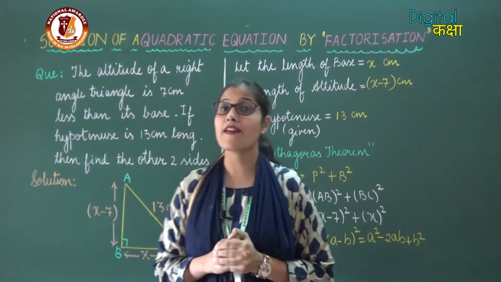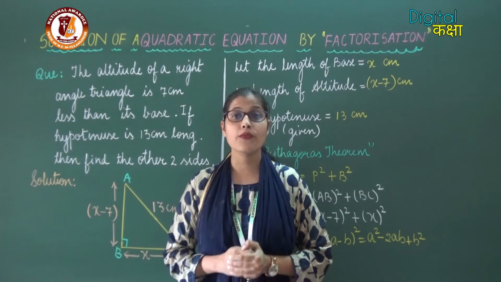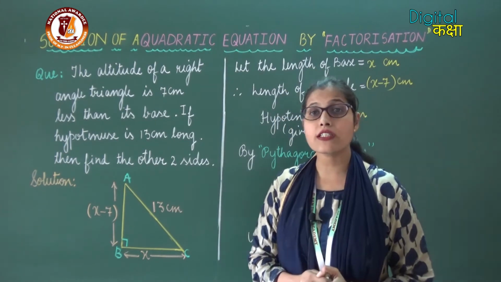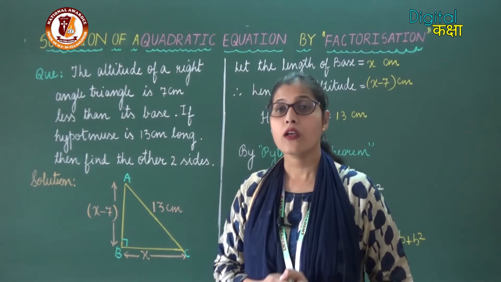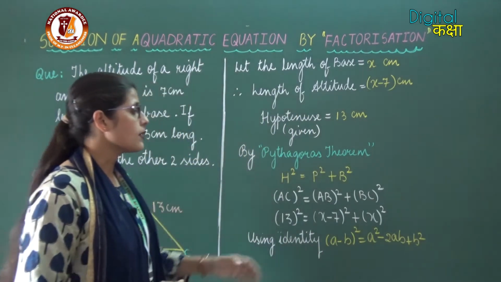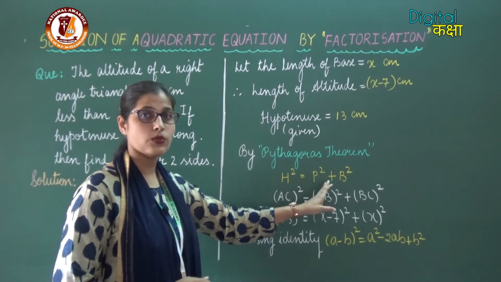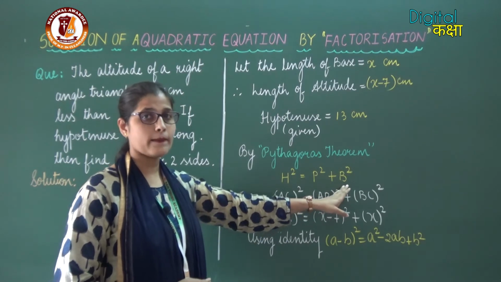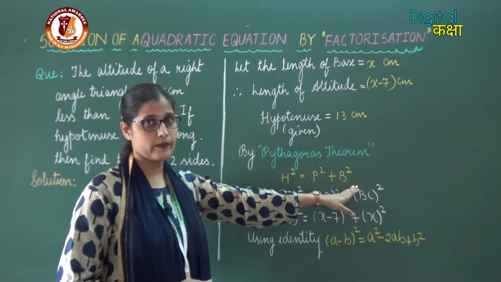Now, since it's a right angled triangle, we will be applying the Pythagoras theorem over here. So we will be using the theorem, which is hypotenuse square equals perpendicular square plus base square.